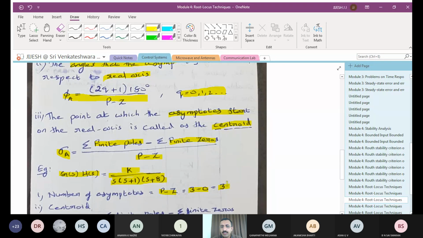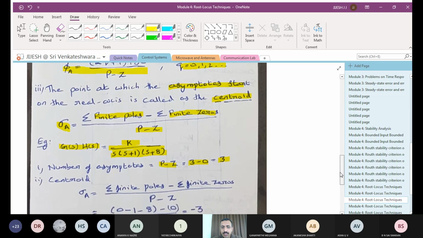So we have to find out the angle at which these asymptotes are placed, and also the centroid, where the asymptotes start. Let me just calculate the centroid. The centroid is found using sigma A, the summation of finite poles minus the summation of finite zeros, divided by p minus z. P minus z is 3. So let us calculate the finite pole sum and finite zero sum.